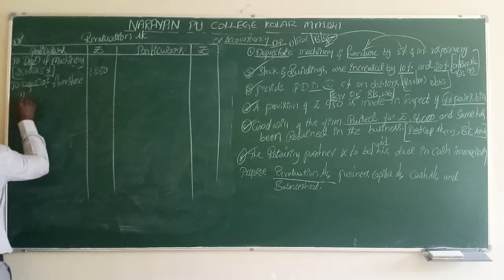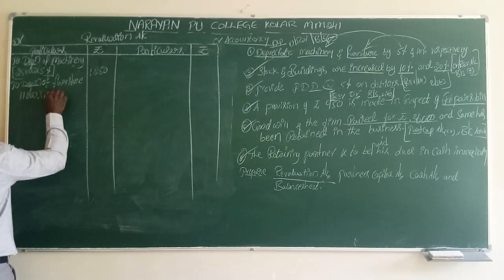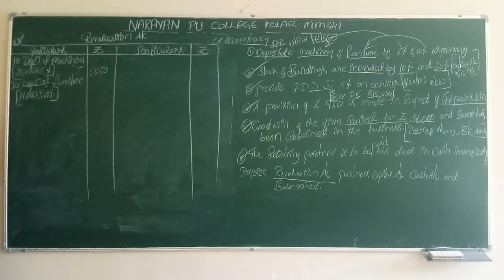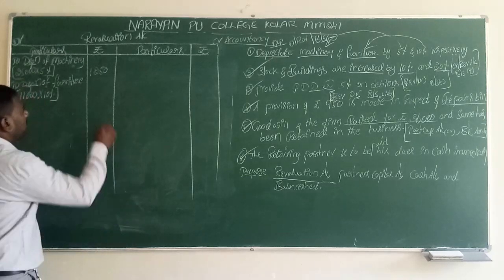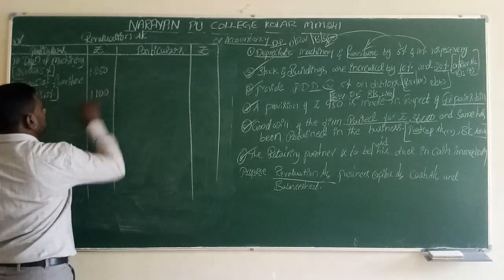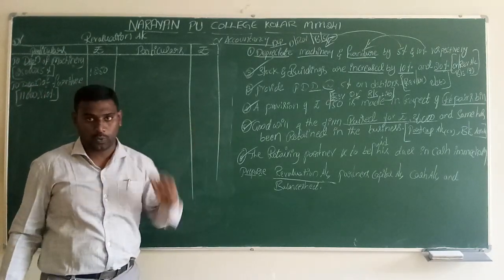The value of furniture is 11,000 into 10%, so we get 1,100 rupees as depreciation. The first adjustment is complete.